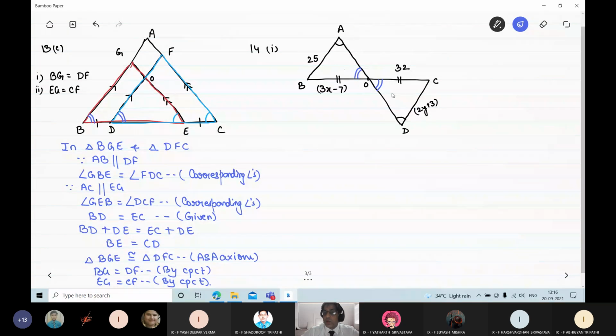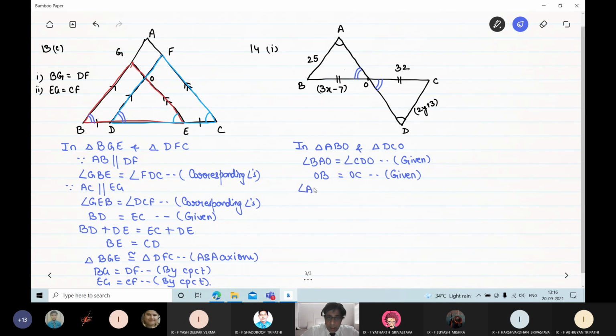So we can say that the two triangles are congruent by AAS criteria, that is angle, angle, and a side. So first thing is we prove the congruency. We say in triangle ABO and triangle DCO, angle BAO is equal to angle CDO. This is given to you in the question. OB is equal to OC. This is also given to you in the question.